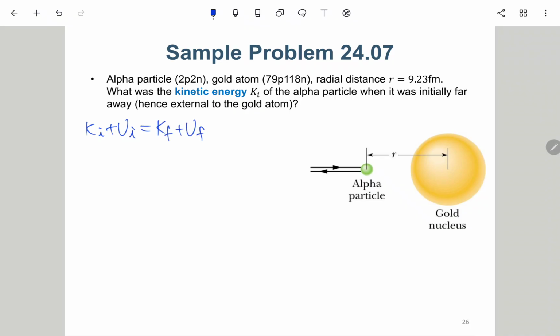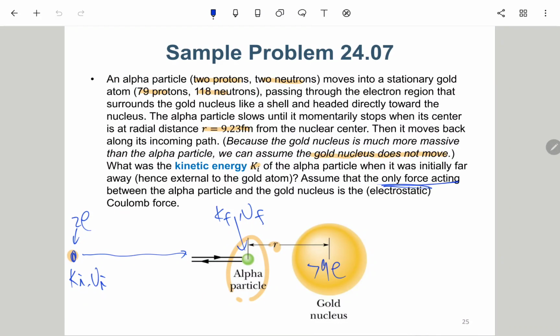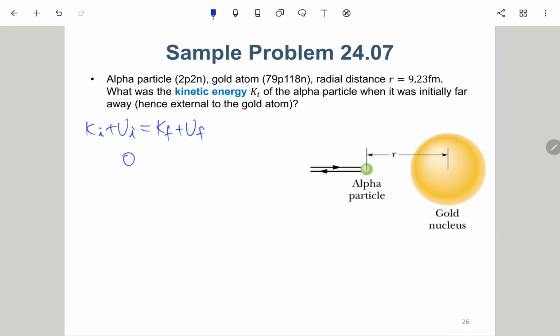So we have the conservation of mechanical energy. Okay, so initially this alpha particle is far away, so Ui should be 0. Ki is what we want to find.